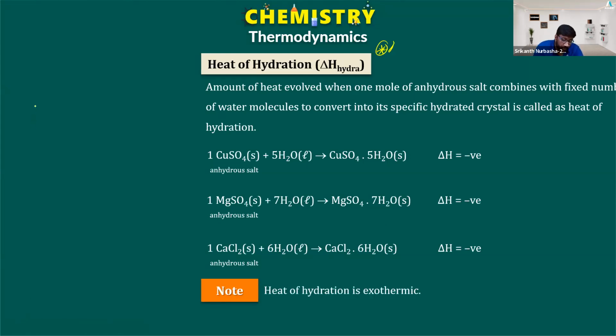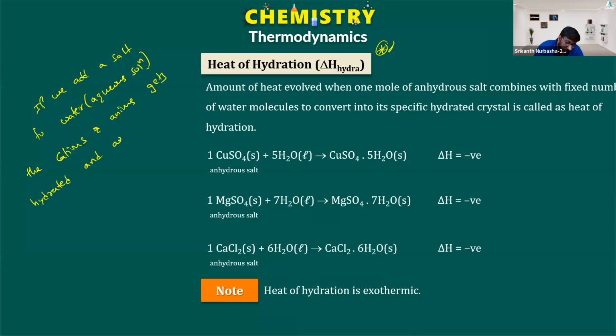So if we add a salt to water or aqueous solution, the cations and anions get hydrated, and as a whole the ionic crystal gets hydrated with a fixed number of H2O molecules.